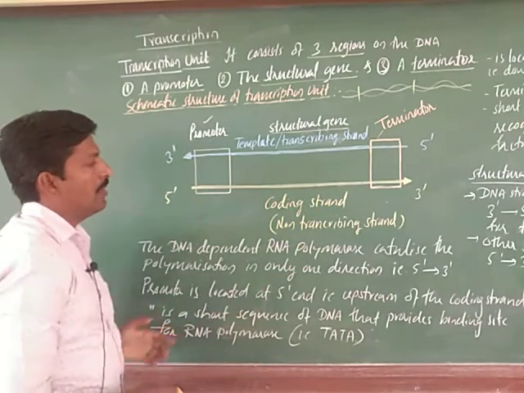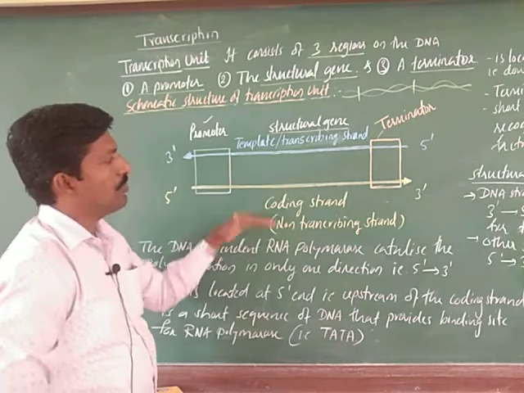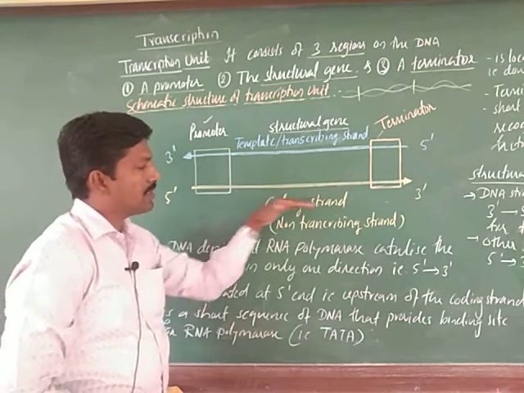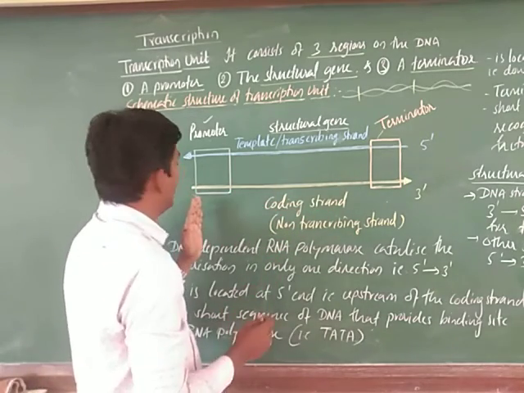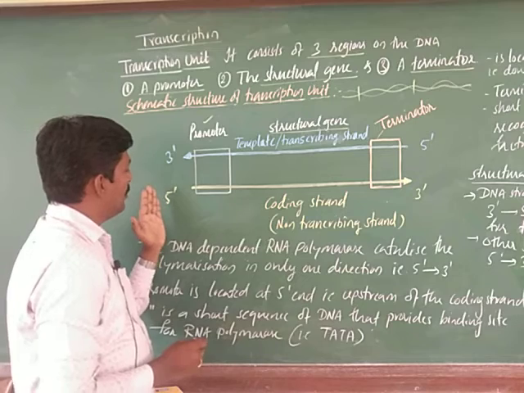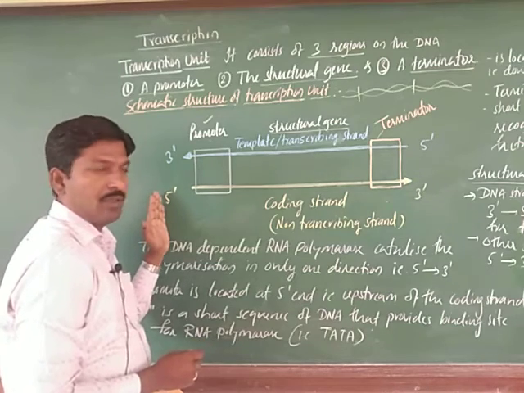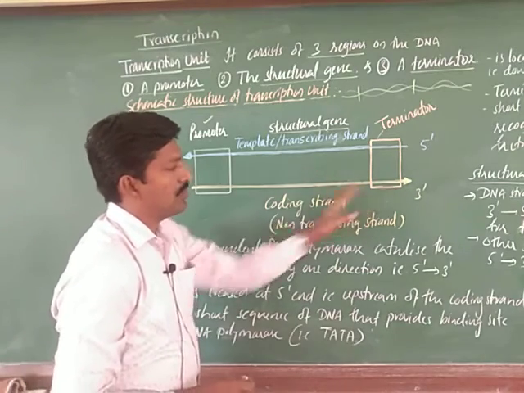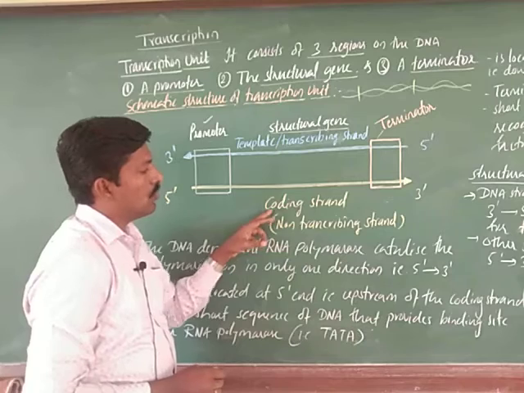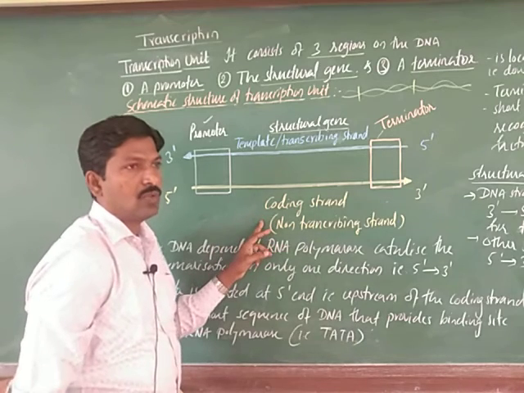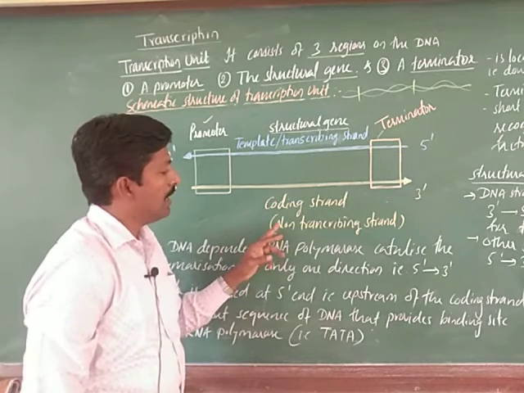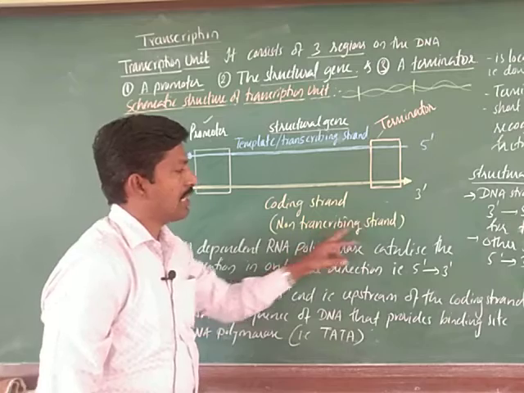Now there are 2 strands. One is the coding strand, which has a polarity from 5' to 3' in this segment. It does not code for the synthesis of mRNA, hence it is also called the non-transcribing strand.